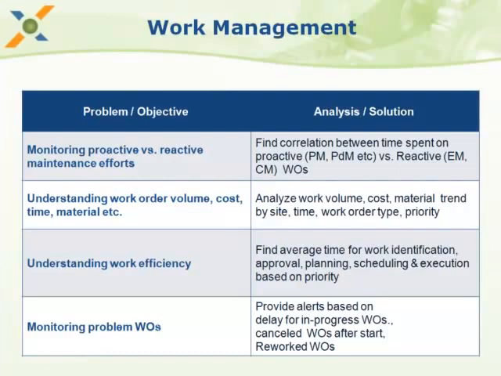Then obviously we all want to know whether we are doing it efficiently. We have a certain type of work, a certain type of preventive maintenance code. We do it every time on hundreds of equipment. Do we have a good average time that it takes? Are we able to ensure that the people who are doing this work are in the same vicinity?